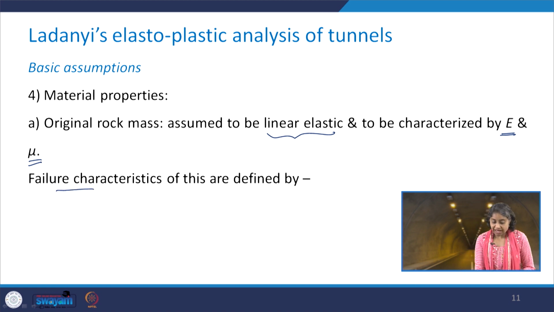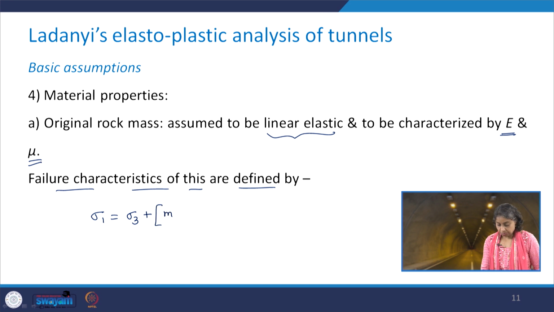The failure characteristic of this original rock mass is defined by this equation: sigma 1 is equal to sigma 3 plus the square root of m into sigma c into sigma 3 plus s into sigma c square.